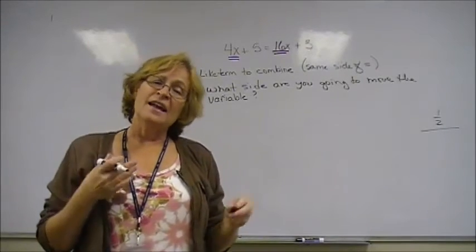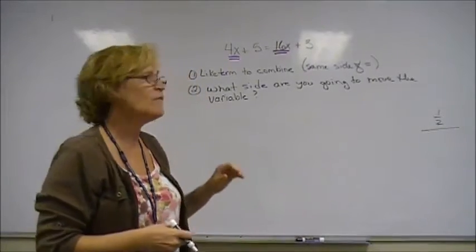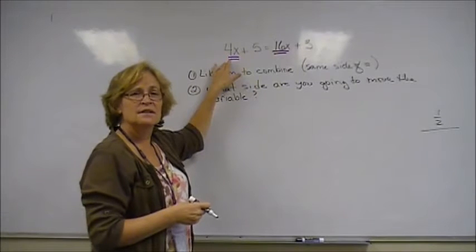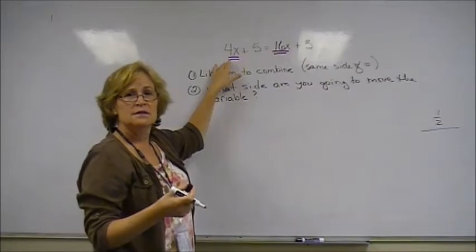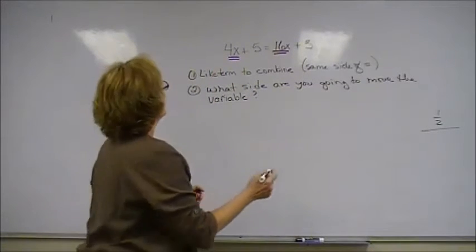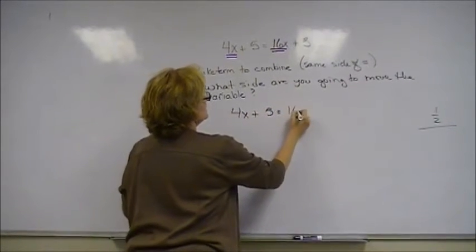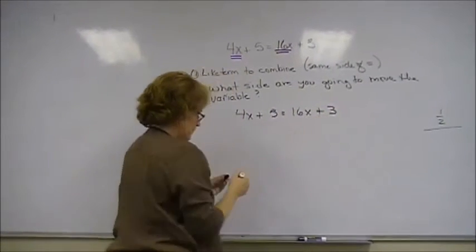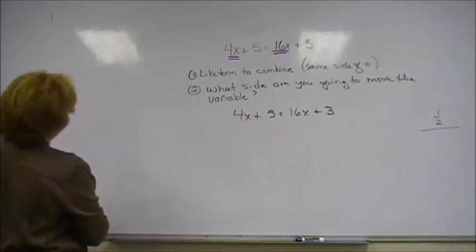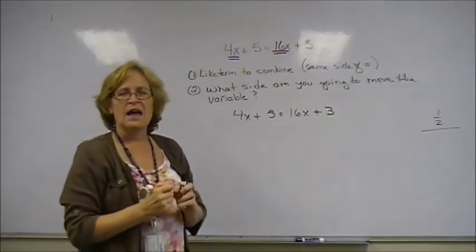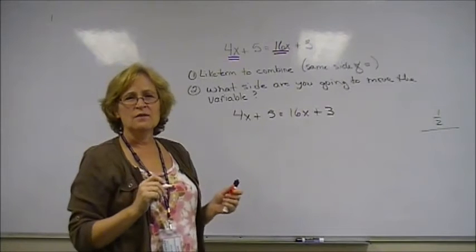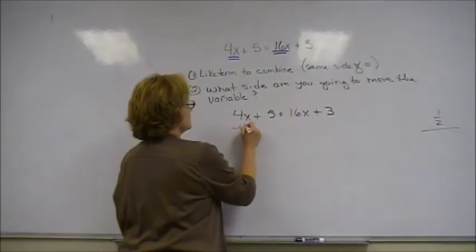Now that is an additive inverse. So what do I have to add to 4x to get rid of it? I have to add negative 4x. So 4x plus 5 is equal to 16x plus 3. I just told you that we need to add the additive inverse, which is negative 4x.